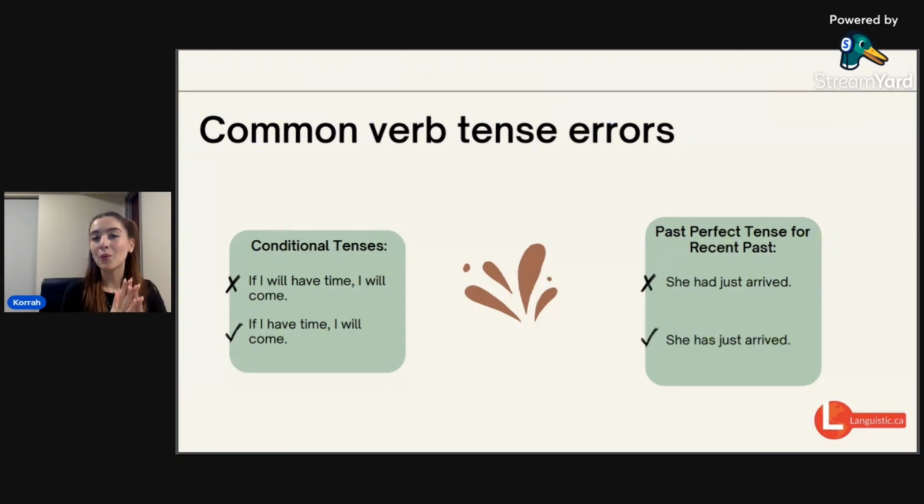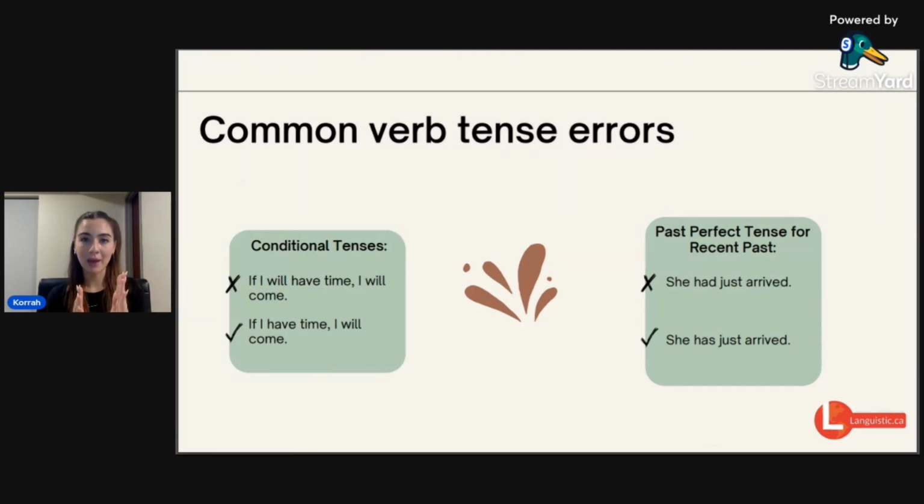And finally, we have past perfect tense for recent past. Past perfect tense is a grammatical tense used to describe an action that was completed before another past action or point in time. It shows the sequence of events in the past to describe and emphasize an action that happened first.